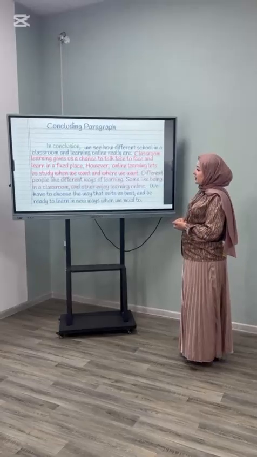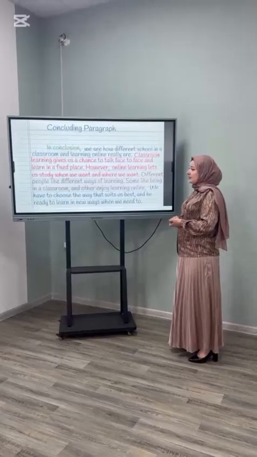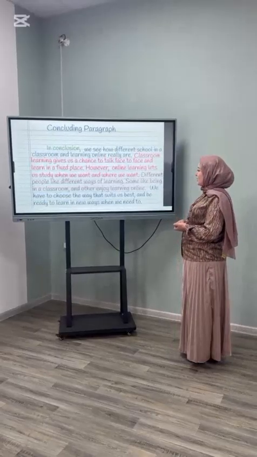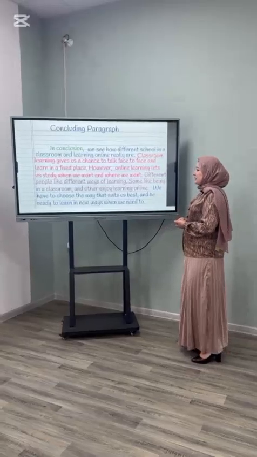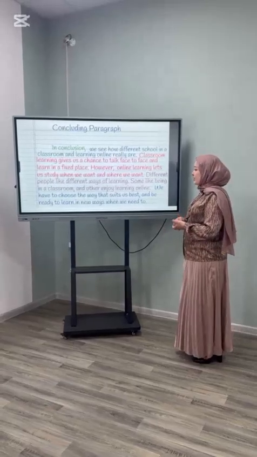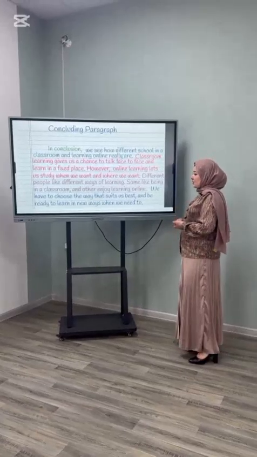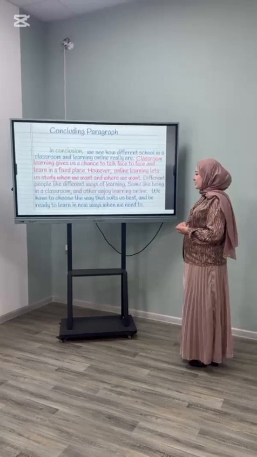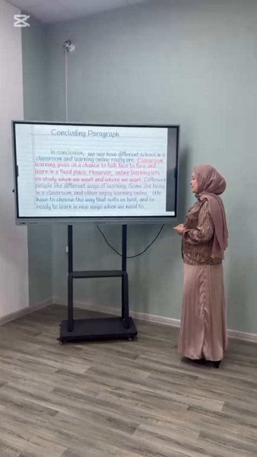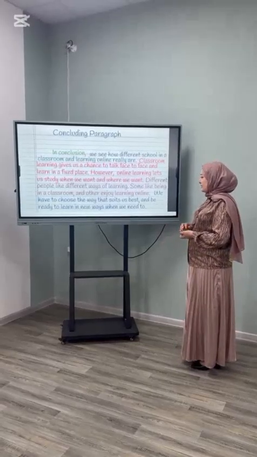Classroom learning gives us a chance to talk face to face and learn in a fixed place. However, online learning lets us study when we want and where we want. Different people like different ways of learning. Some like being in a classroom and others enjoy learning online. We have to choose the way that suits us best and be ready to learn in new ways when we need to.